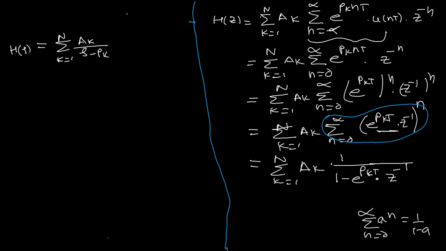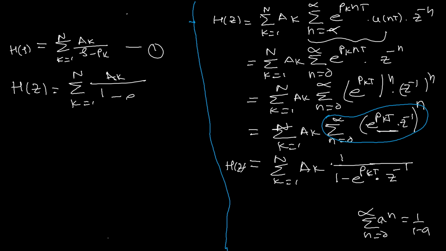And we started from this equation. So we obtained H(z) as the sum for k equal to 1 to n of Ak by (1 minus e to the power Pk T z to the power minus 1).